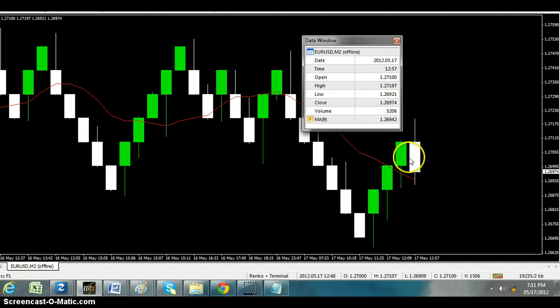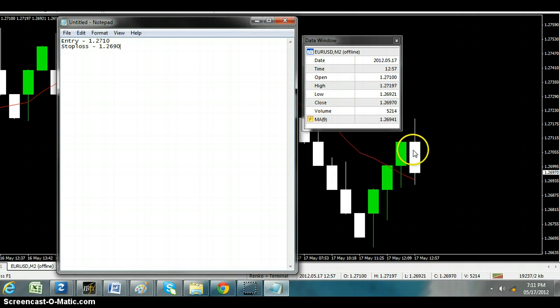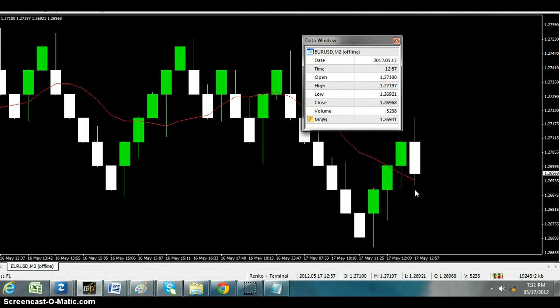As you can see, the market is right now moving against our trade. If it is going to hit 2690, we will then observe whether the moving average is well below the 2690 level or not.